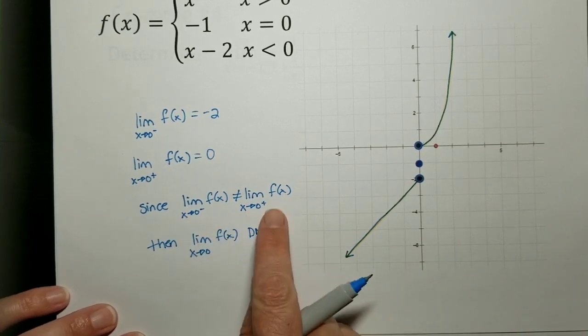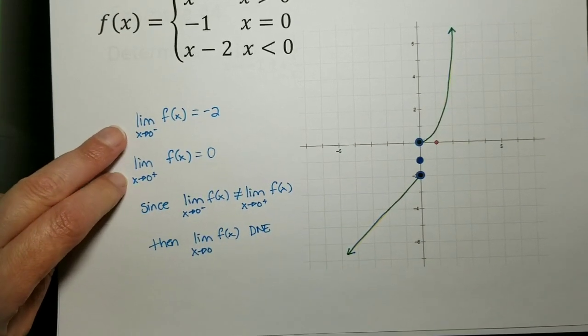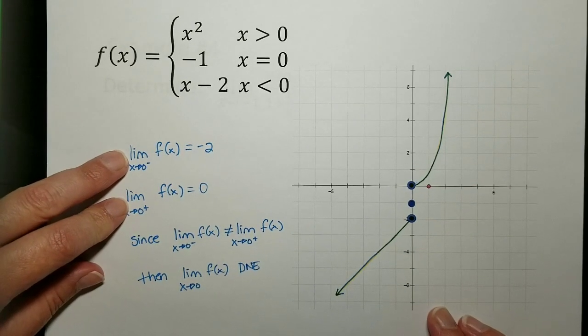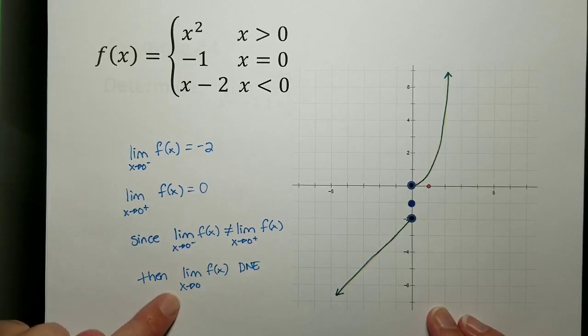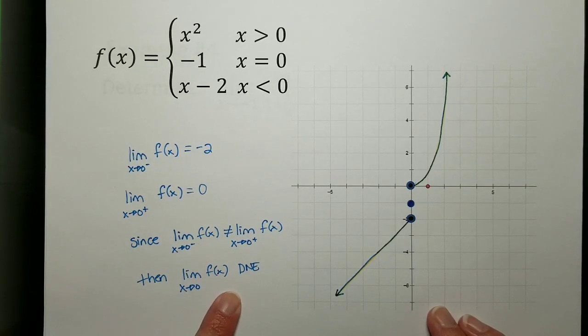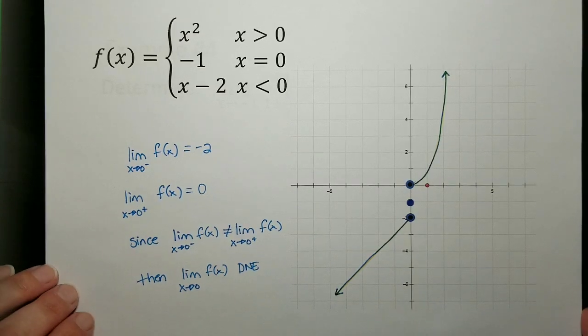We can have these individual sided limits exist. We can evaluate those, and that can be a question in your homework or on a quiz or a test. But you may not necessarily have a limit overall existing. The sided limits might exist, but unless they're equal to each other, the limit itself does not exist.